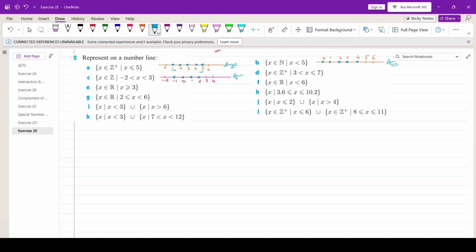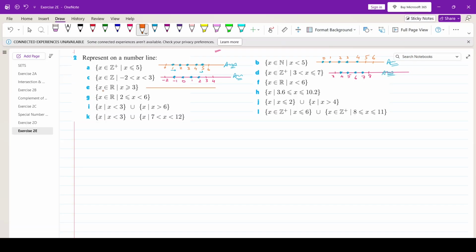So this is our answer. Part D, a set of all x such that x is a positive integer greater than 3 and less than or equal to 7. The integers greater than 3 start from 4, 5, 6 and less than or equal to 7. So that will go to 7, and this is our answer.